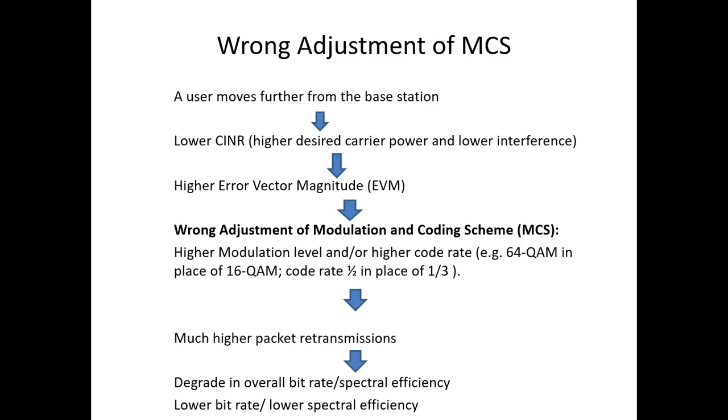At this moment, you are still using a high modulation level or low code rate, so you don't have a good choice of MCS. Then what it will lead to is higher packet retransmission, and there can be an overall degrade in the bit rate. So the modulation and code rate should be appropriately chosen.